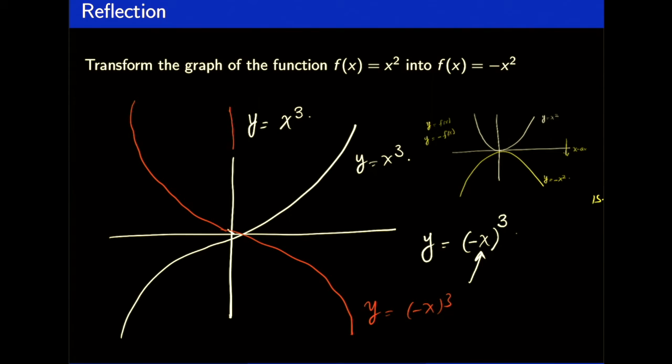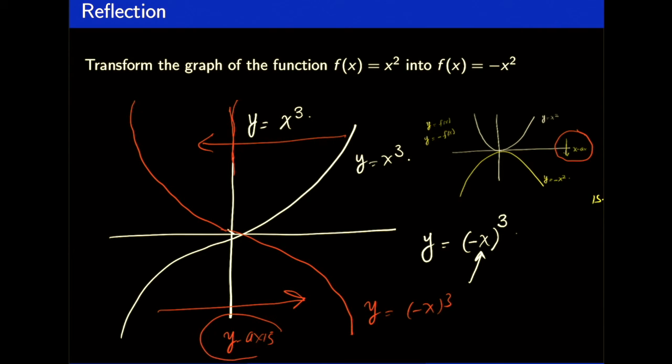So as you can see, along the y-axis, the graph has been flipped. So this graph flipped along the y-axis. So in short, if you multiply the output by a negative sign, the graph is going to flip over the x-axis, but if you multiply a negative sign to the input, the graph is going to flip over the y-axis.